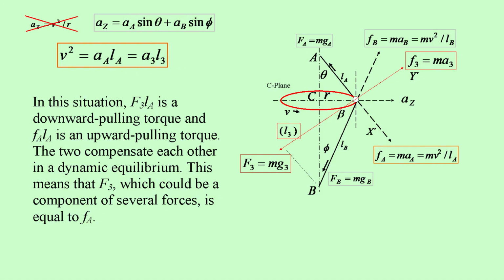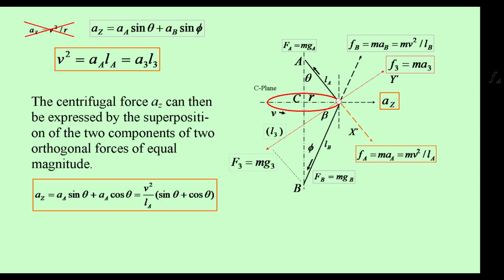The two compensate each other in a dynamic equilibrium. This means that F3, which could be a component of several forces, is equal to Fa. The centrifugal force AZ can then be expressed by the superposition of the two components of two orthogonal forces of equal magnitude.